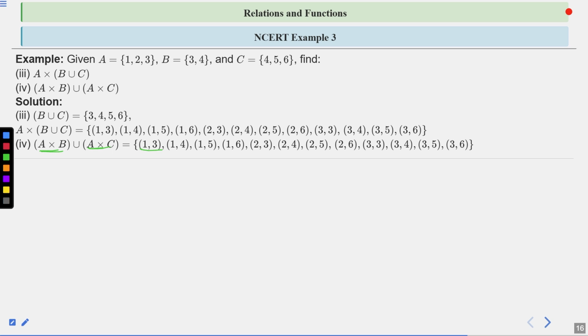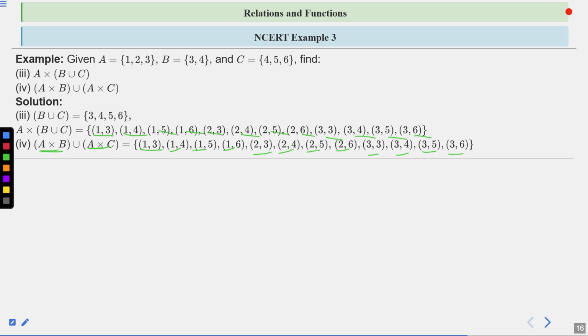Just observe carefully that both sets have exactly the same elements. So both sets are the same. I hope this example is clear to all.